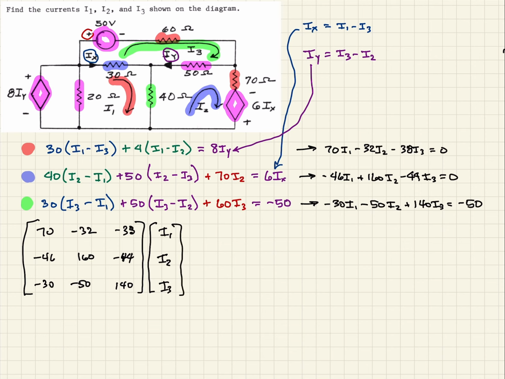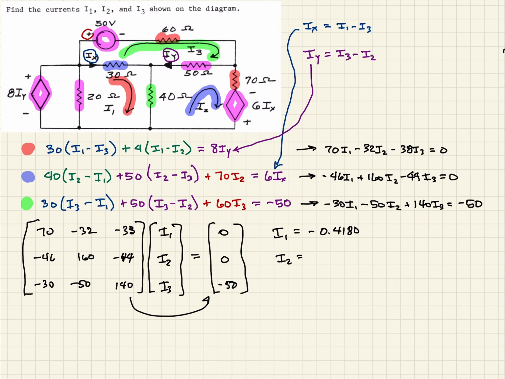But you can solve this any way you want, but I think the most common approach is to use linear algebra and matrix analysis. So in this case, you just divide this into there. And when we do that, we should come up with I1 is equal to negative 0.4180.